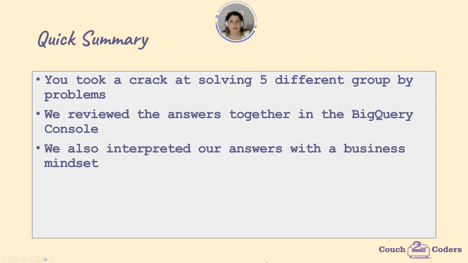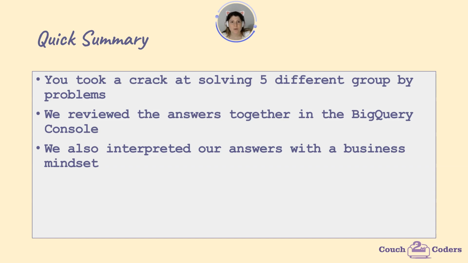Let's summarize all of the great things we did in this lesson. First, you took time to try and solve 5 different group by problems. Whether you got the answer exactly right or not, all of this is practice, and the fact that you took an attempt is a really big accomplishment, so I'm really proud of you. We reviewed the answers together in the BigQuery console, and while we were doing that, we also took some time to interpret our answers, keeping a business mindset.